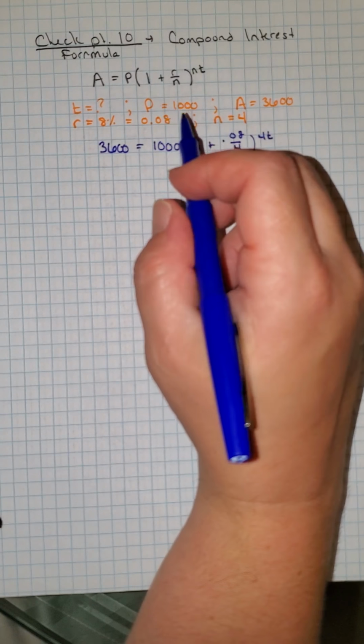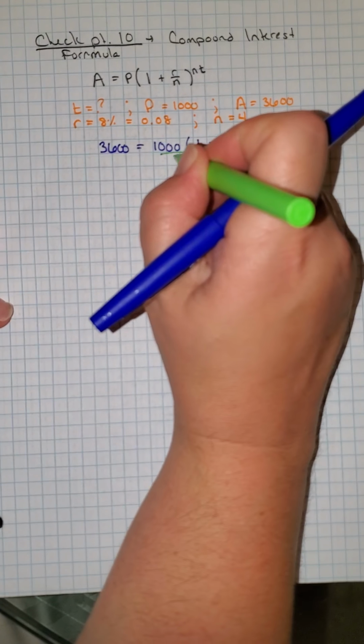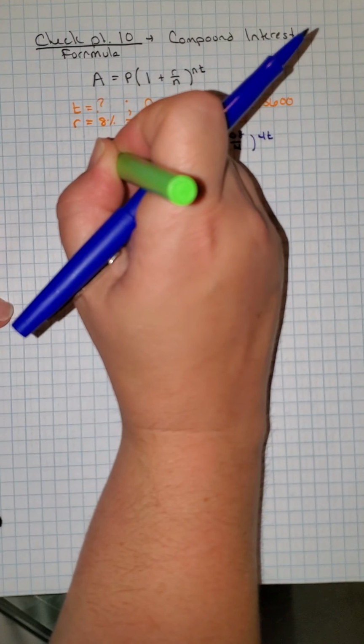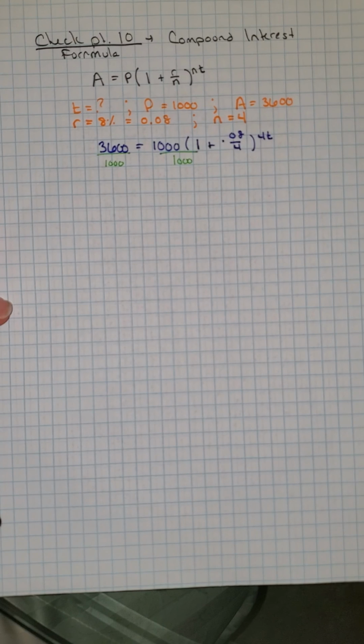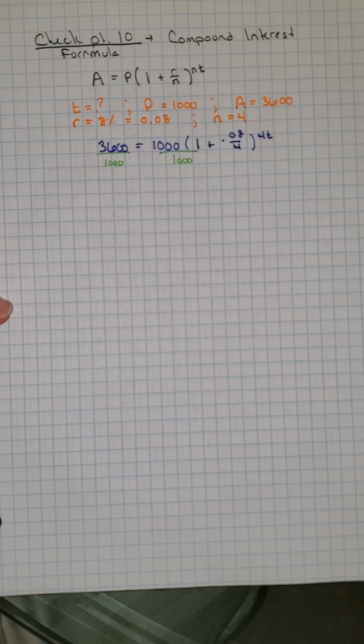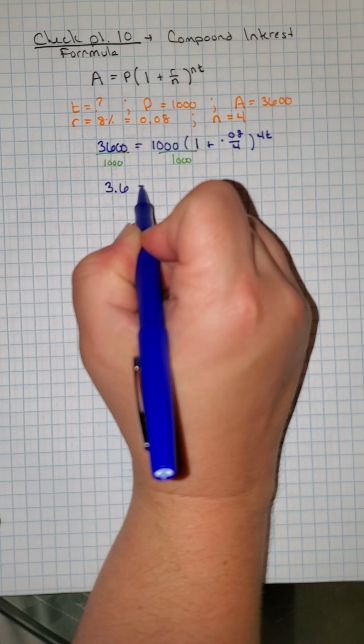First thing you actually need to do is divide by 1,000. So 3,600 divided by 1,000. We just move the decimal over 3 places, and we get 3.6. It's a nice number. If it wasn't, I would just leave it as a fraction.